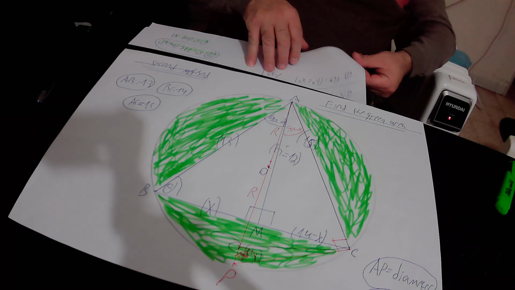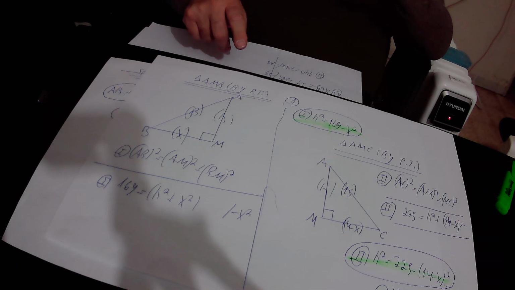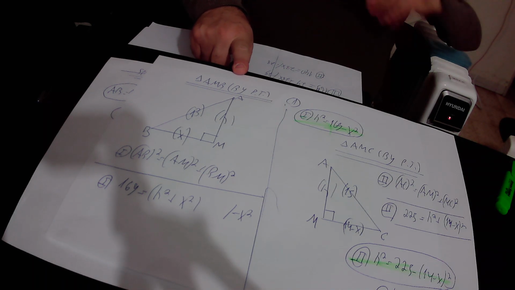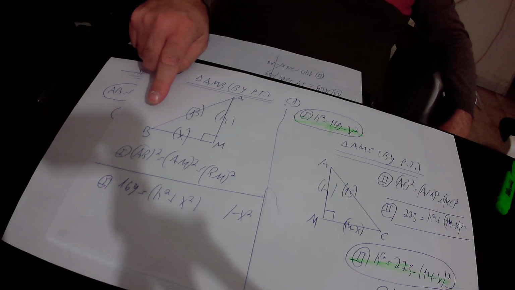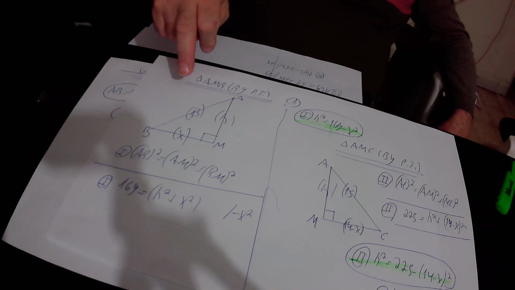This is the right triangle, triangle ABM, that I copied from the original drawing. PT is the abbreviation for Pythagoras theorem. So according to the Pythagoras theorem, in this right triangle ABM, AB squared equals AM squared plus BM squared. AB is 13, therefore AB squared is 13 squared, that is 169, and it equals AM squared.